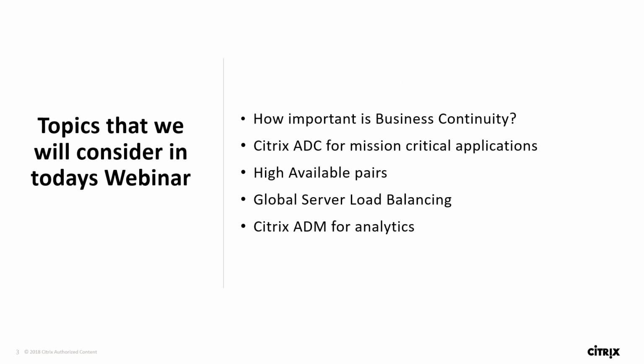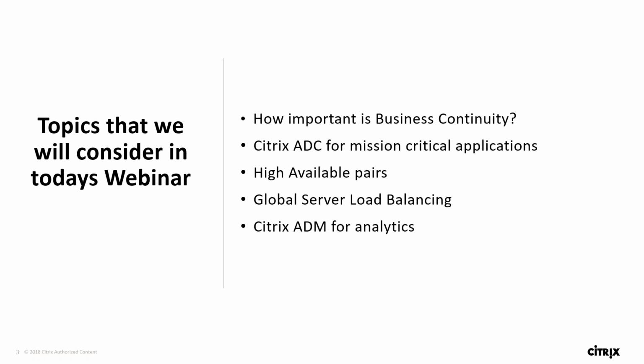Today our goal is to look, in the light of a typical business need, at the real value we have. We will be considering the Citrix ADC and ADM technologies, and how these technologies provide value with business critical features. We'll be discussing these in the context of the following topics: business continuity, is it important?